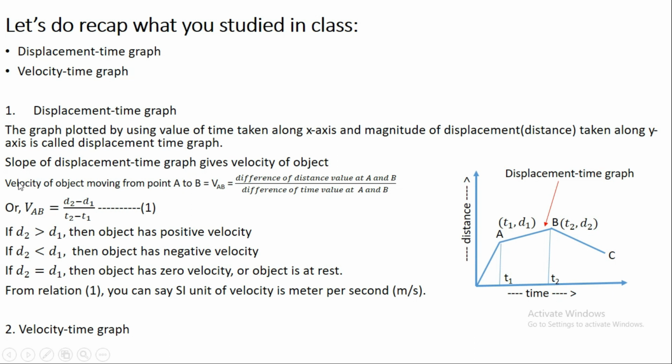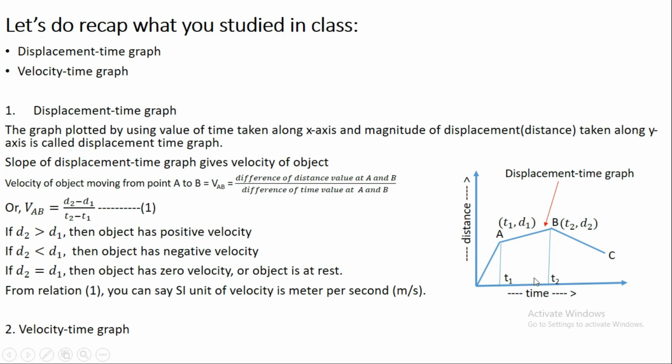Then you can calculate the velocity of the object moving from point A to B. The velocity is given as VAB equals the difference of distance values at A and B. Here the distance values are d1 and d2, so you subtract d1 from d2, divided by the difference of time values at A and B. The time values are t1 and t2, so you subtract t1 from t2.